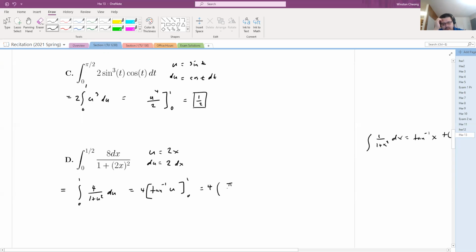And the answer is pi over 4, a 45-degree angle. And what angle will give you 0? Well, tangent of 0 is 0. So you get 0 for that. And so you end up with pi as your final answer.